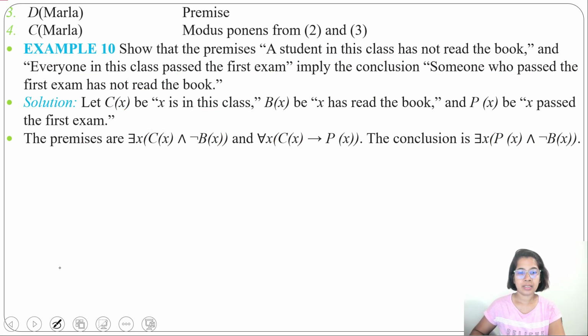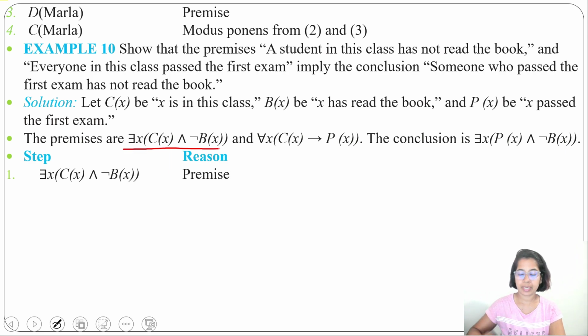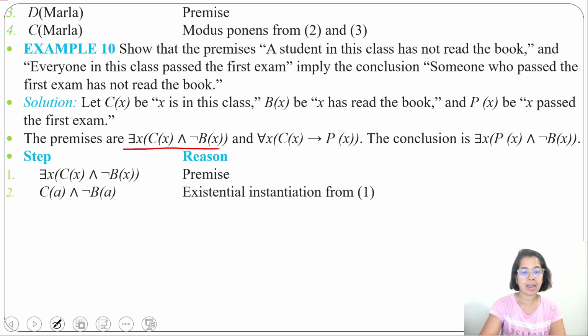Let's solve this. The first premise given is there exists x, C of x and negation of B of x. We can use existential instantiation. So C of a and negation of B of a. Let a be a student. We know an AND is true if both parts are true.